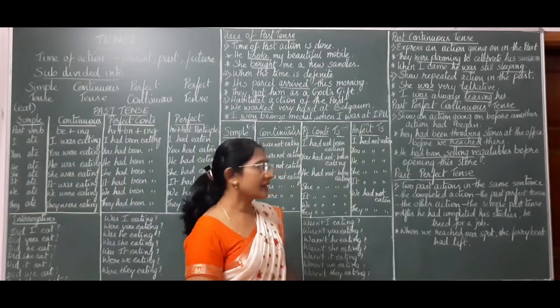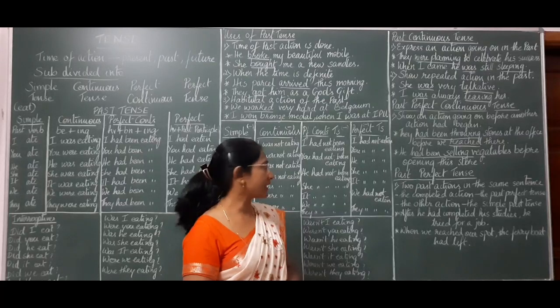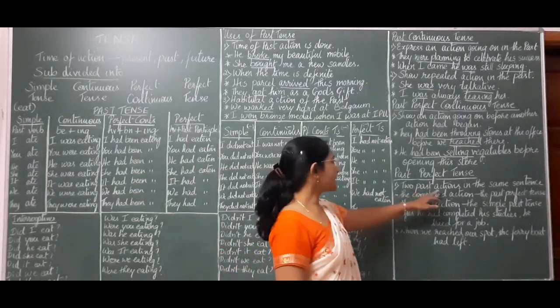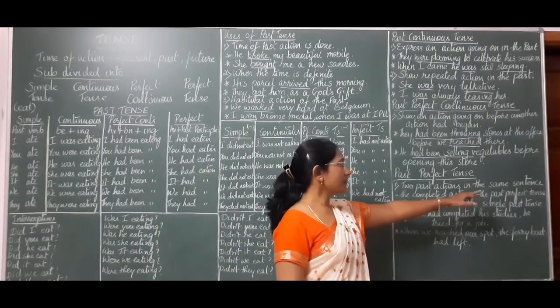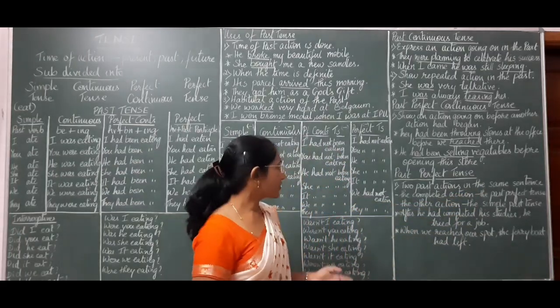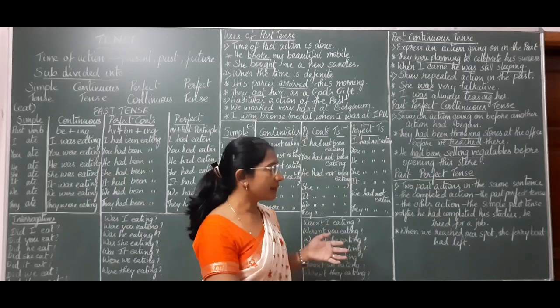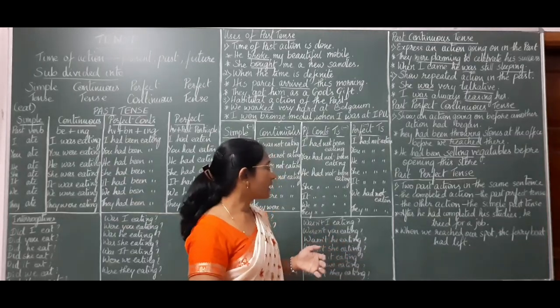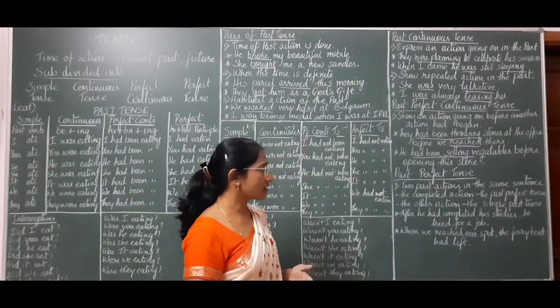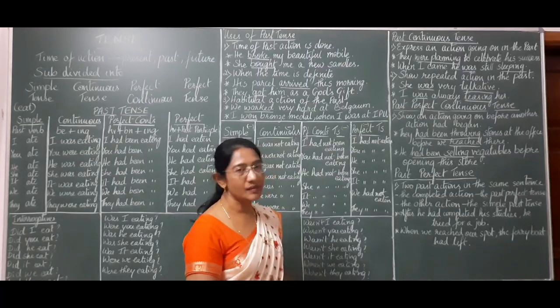Lastly, past perfect tense. The uses of past perfect tense. Two past actions in the same sentence are shown while the completed action is written in the past perfect tense, while the next action or the other action is shown in the simple past tense.